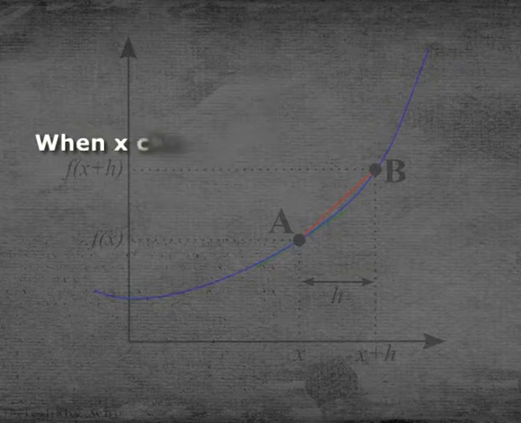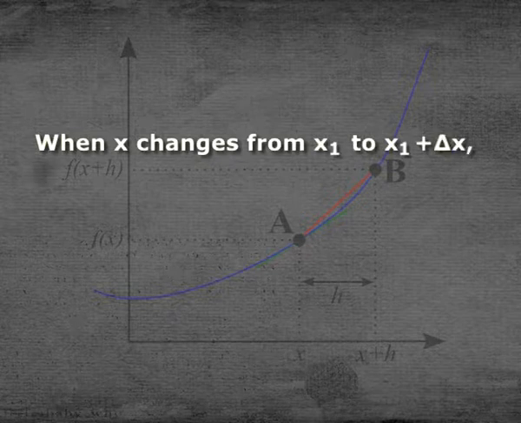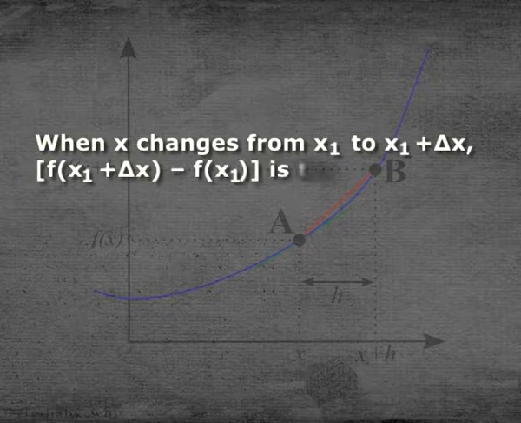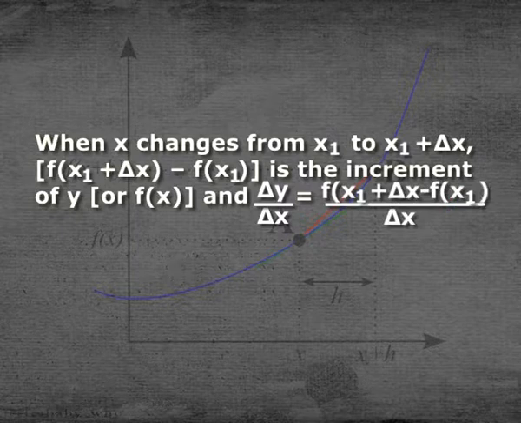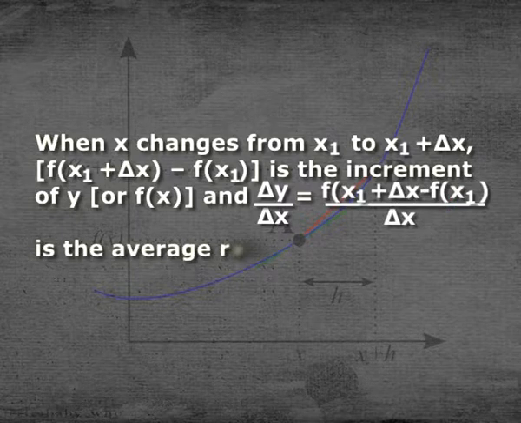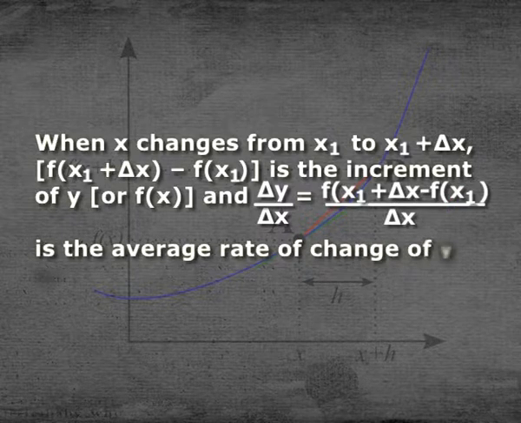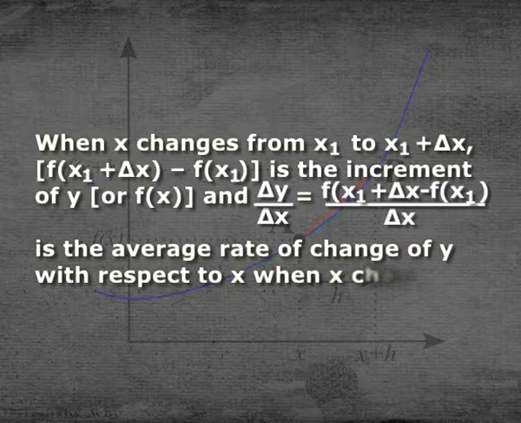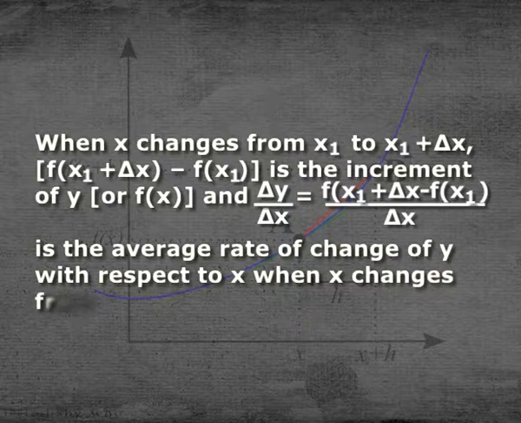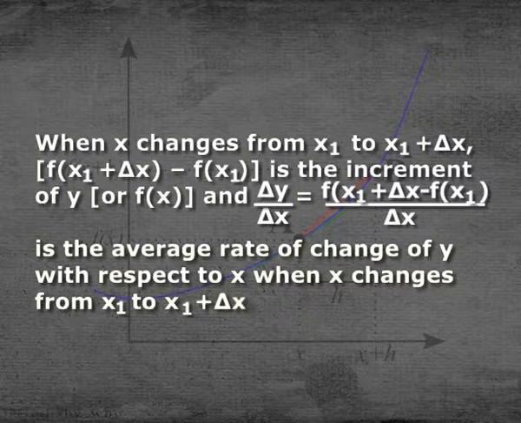When x changes from x1 to x1 plus del x, f of x1 plus del x minus f of x1 is the increment of y or function of x, and del y by del x is equal to f of x1 plus del x minus f of x1, the whole thing divided by del x, is the average rate of change of y with respect to x when x changes from x1 to x1 plus del x.